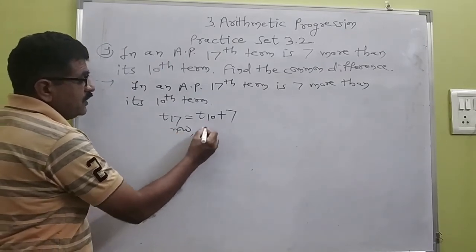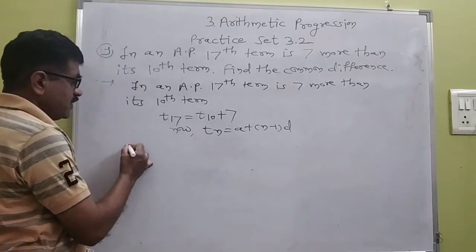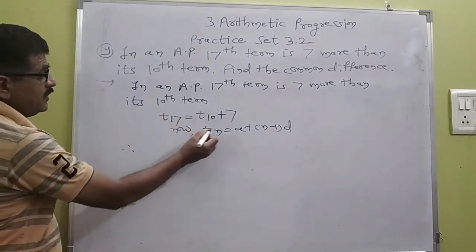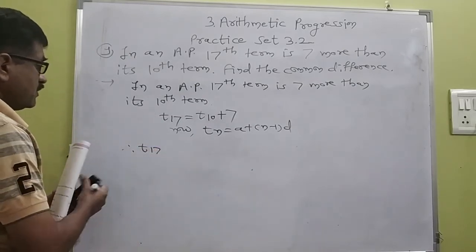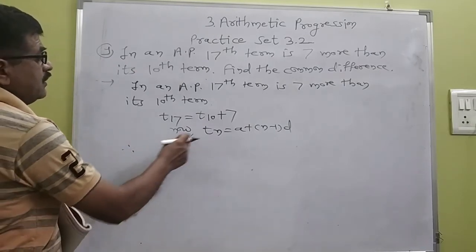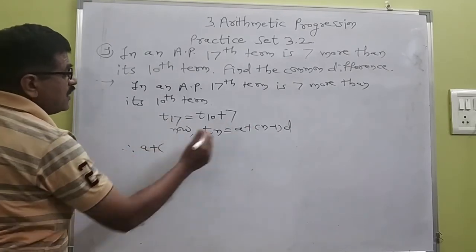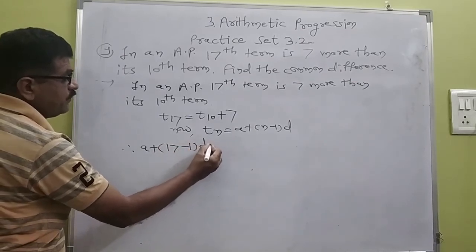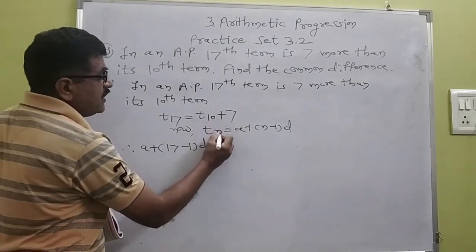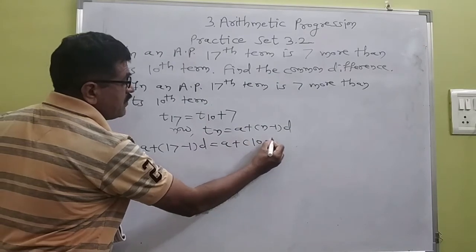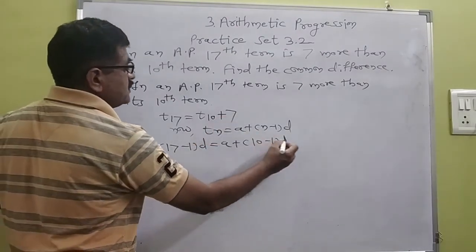Now the formula is Tn is equal to A plus n minus 1 into D. Therefore T17, putting the value of n as 17, is A plus 17 minus 1 into D, is equal to T10, where n is 10, A plus 10 minus 1 into D, plus 7.